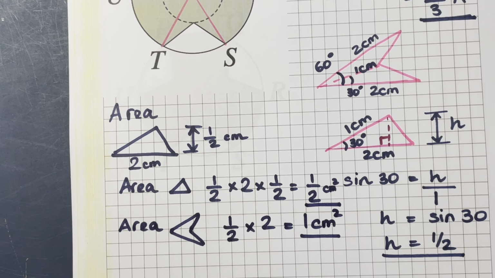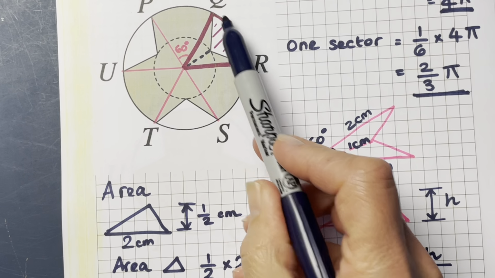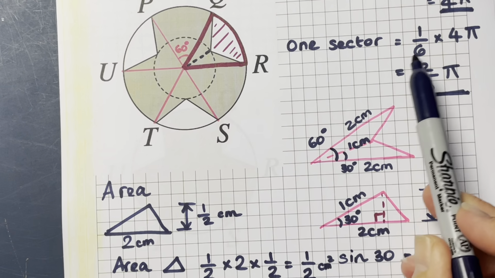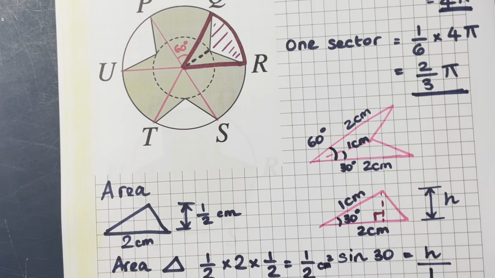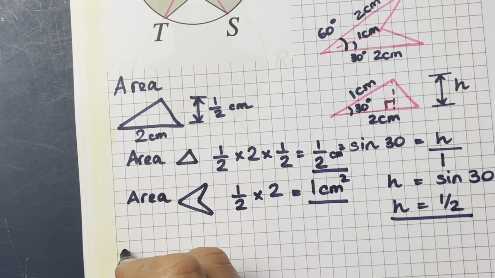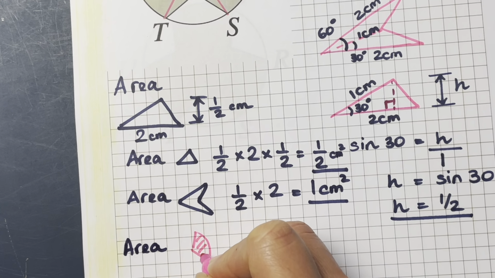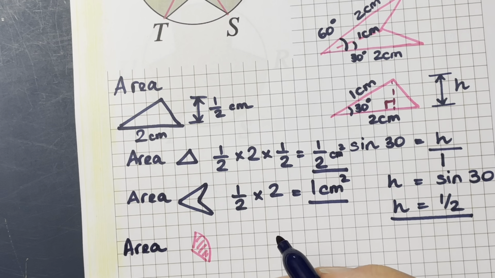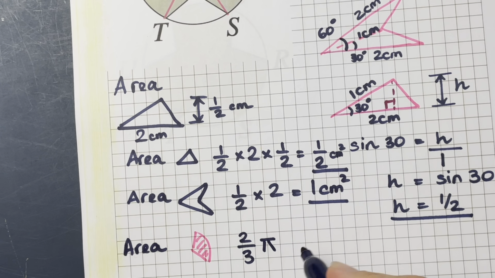Let's have a look at our drawing here. I'm trying to find this. I know that the sector is 2/3 of pi, and I know that this quadrilateral I've calculated is 1. So the area of my shaded shape, which was that bit there, is going to be the area of my sector, which is 2/3 pi, and then I need to subtract the area of my quadrilateral, which is 1.